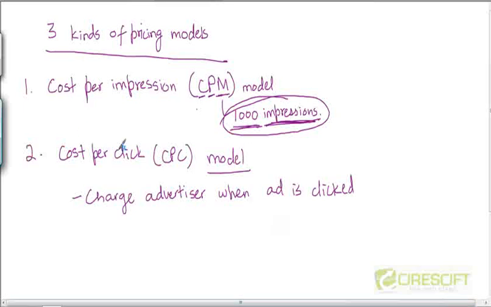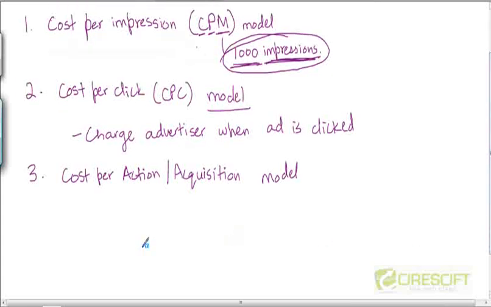And a common example of that, as I just showed you, is search keywords. The third model is called the cost per acquisition model or the cost per action model. In this model, the advertiser will not pay for an impression, and the advertiser will also not pay for a click.